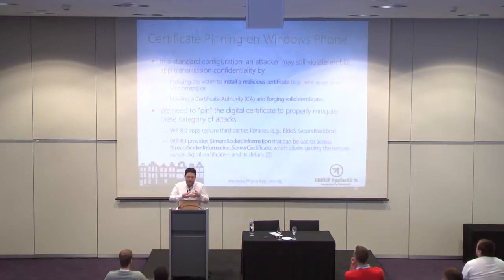And the way we can protect our app and our users from this kind of threat is to pin the remote certificate. By this term, I mean placing inside our app some information that can be used by the application itself in order to validate the remote certificate.